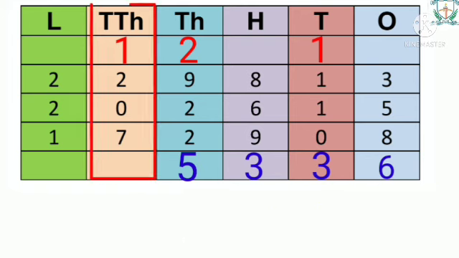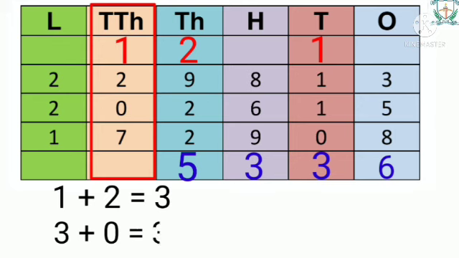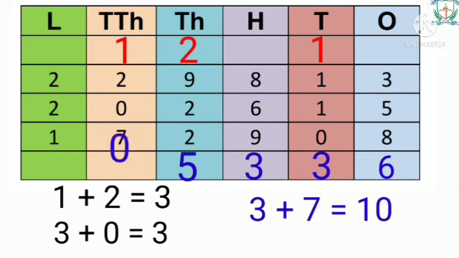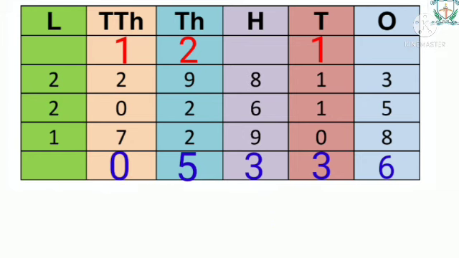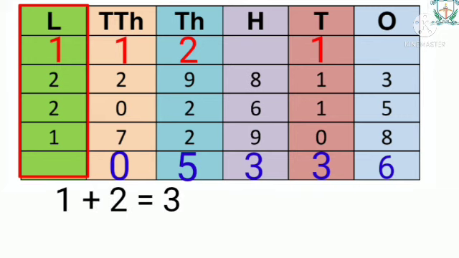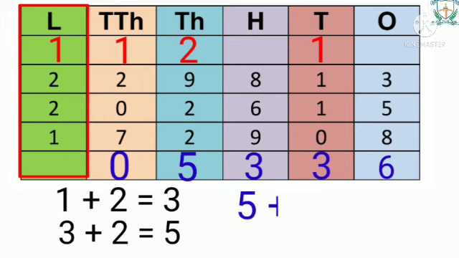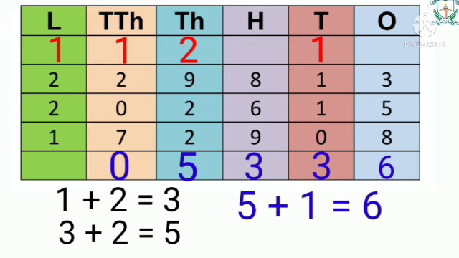Now, add the digits in 10,000s place. 1 plus 2 is equal to 3. 3 plus 0 is equal to 3. 3 plus 7 is equal to 10. Write 0 in 10,000s place and carry forward 1 to the lakhs place. Now, add the digits in lakhs place. 1 plus 2 is equal to 3. 3 plus 2 is equal to 5. 5 plus 1 is equal to 6.